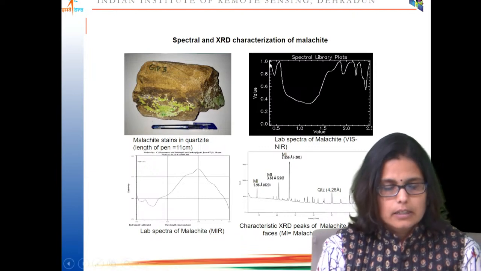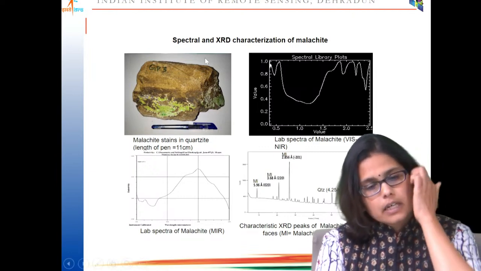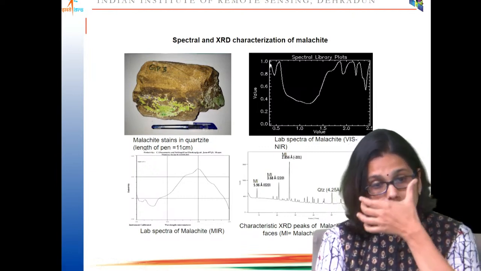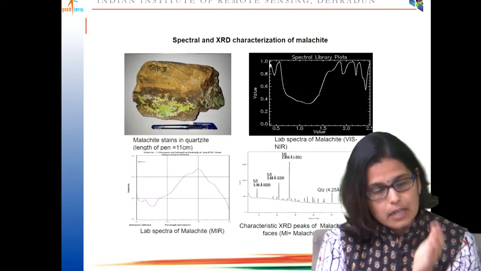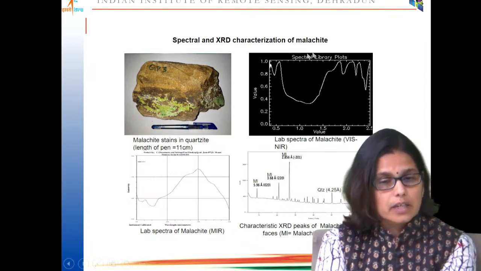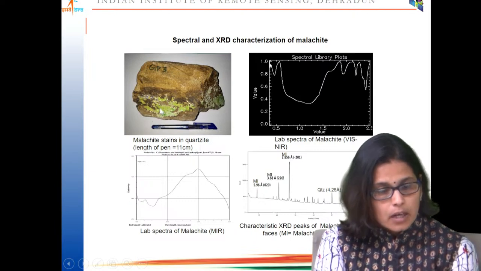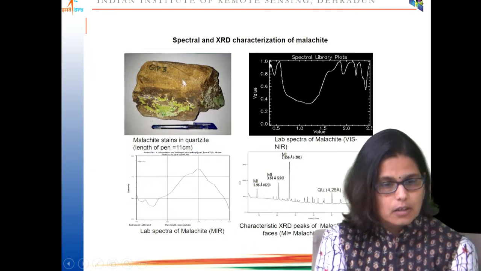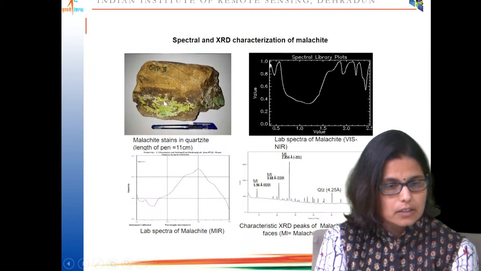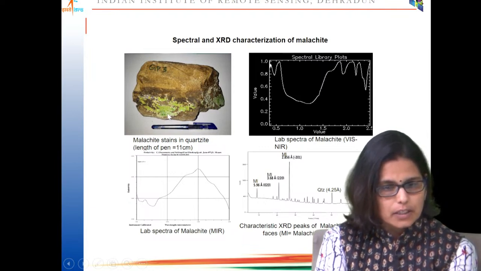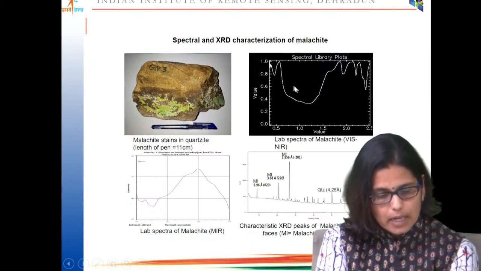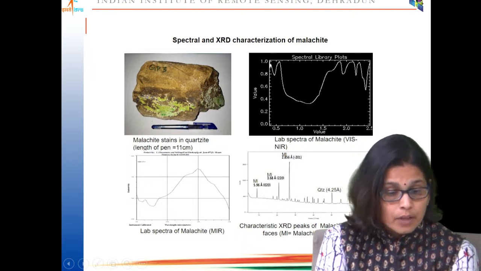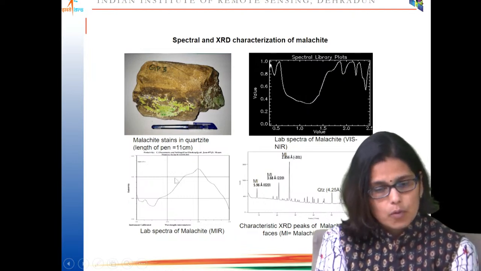Okay, another example. I have already told you that we are also doing the spectral matching and the validation using XRD analysis. So these are the malachite stains. In the quartzite you can see the green stains. These are the malachite stains present in that area. This is the spectra of malachite in the VNIR region, and this is the spectra in the thermal region.